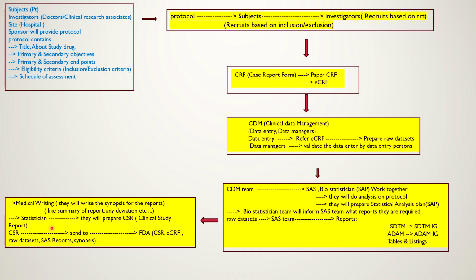Once everything is ready, the statistician will prepare the CSR, the clinical study report. This CSR they will send to the FDA, along with the eCRF, raw datasets, SAS reports, and everything.